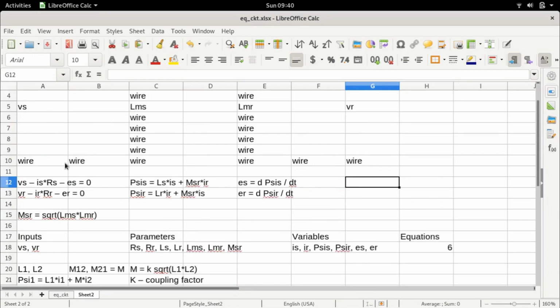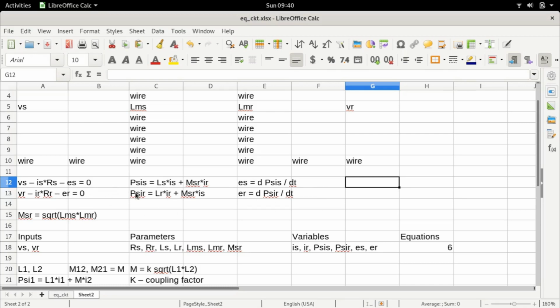Now instead, if you have a look, you will see that these two equations are linked to these two equations because we have the induced EMF term, and the induced EMF can be expressed using Faraday's law. So we are combining two laws: Kirchhoff's voltage law and Faraday's law.